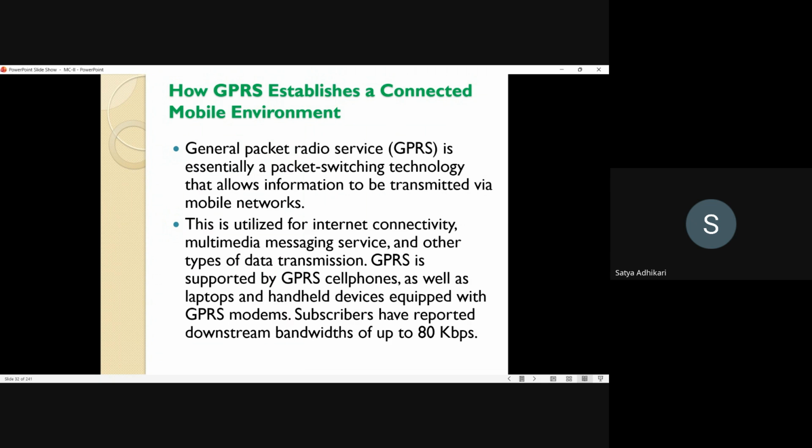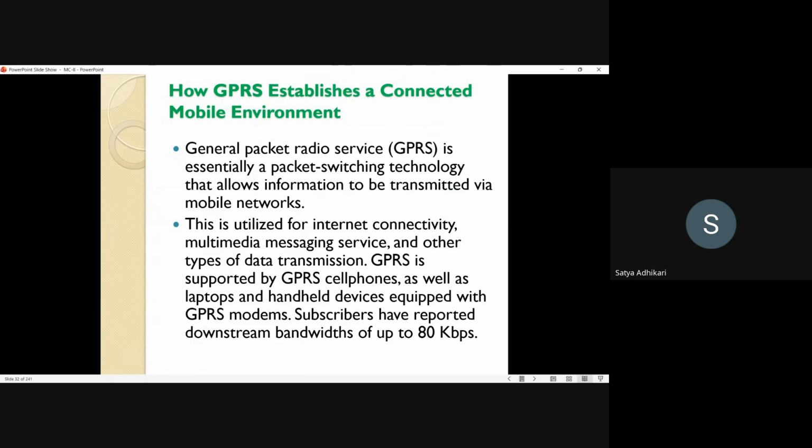This is utilized for internet connectivity, multimedia messaging service, and other types of data transmission. You can send any type of audio or video data, and other types of data transmission.